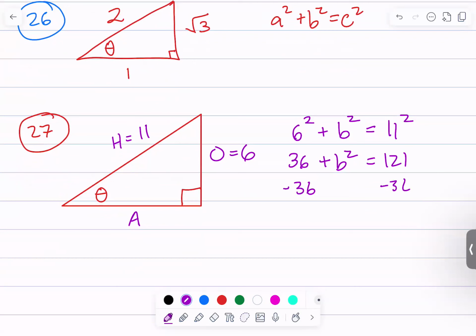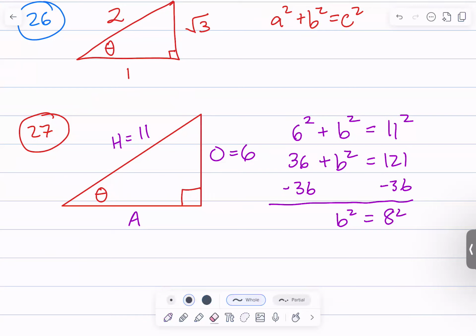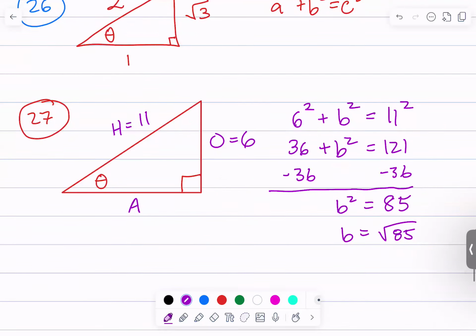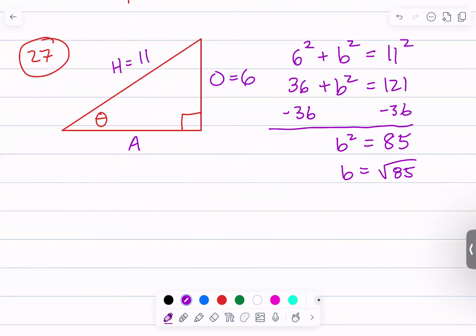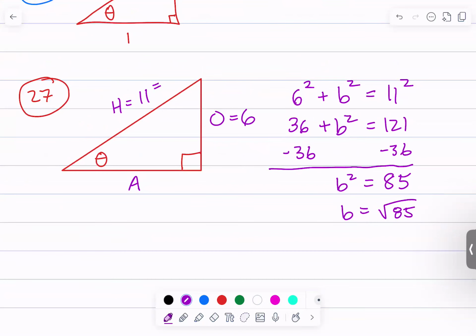Subtract 36, subtract 36. B squared equals 85. So b equals the square root of 85.